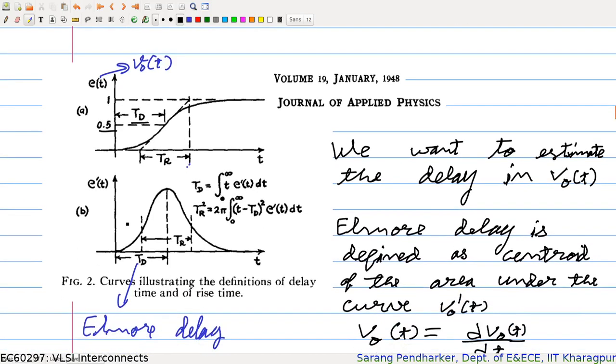He said that let us take the derivative of the voltage. So your E of t is actually d V out by dt, or this is also written as V out prime of t.